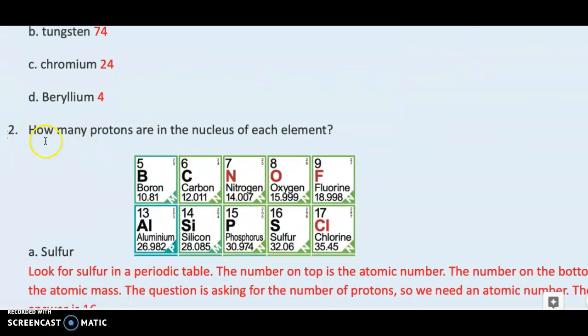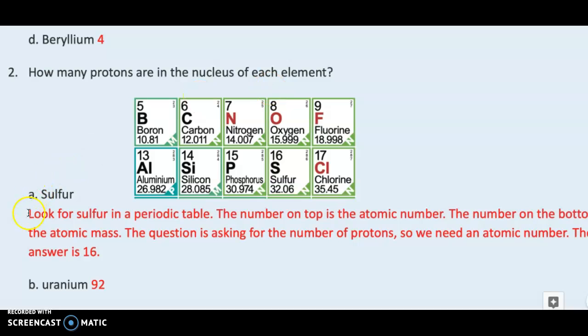So question 2 is asking how many protons are in the nucleus of each element, and they provide you a list of different elements. So let's look at sulfur, and this is just a small screenshot from my periodic table. You're looking for sulfur. This is the atomic mass, and 16 is your atomic number.